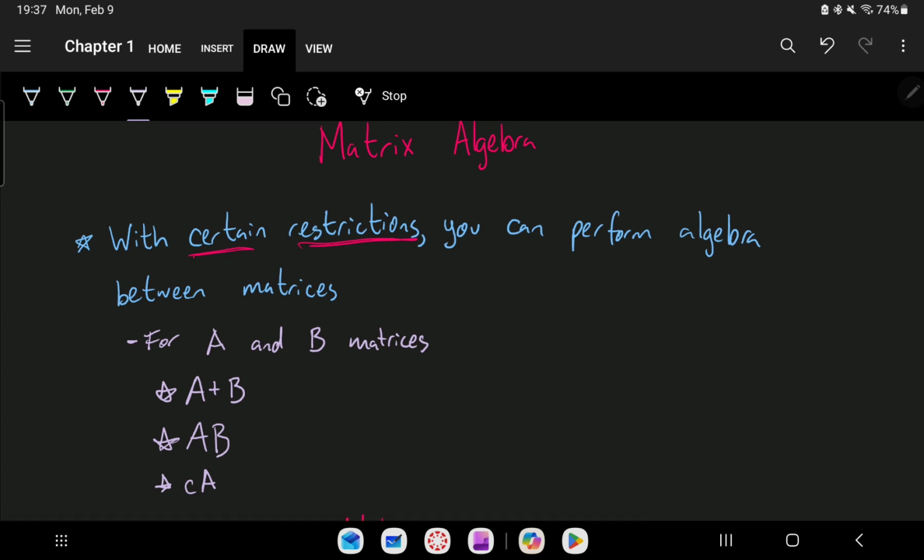So you can add two matrices together, you can, in some situations, multiply them, and you can also take a scalar, a real number, and multiply that to an entire matrix, right?